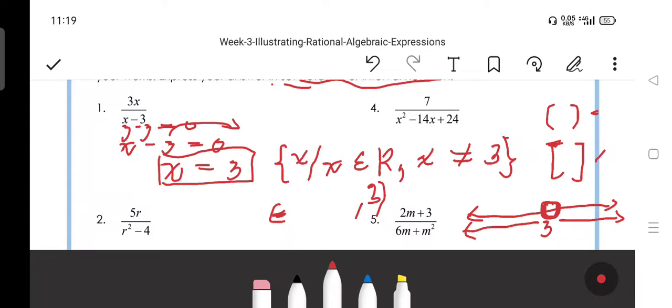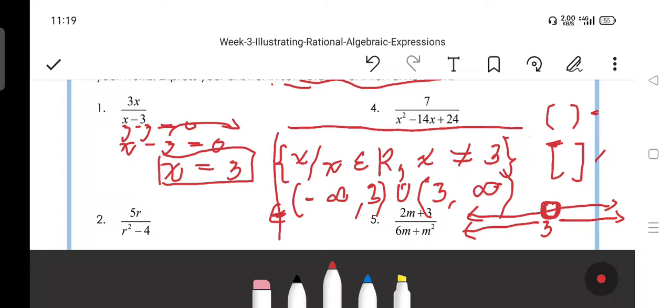So we can have negative infinity, union of, and then 3 to the right are all positive numbers, so we have positive infinity. So these are the two possible ways wherein we can express our answers.